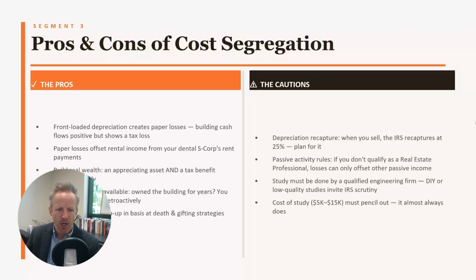But in this case, one of the benefits of having your building held in an LLC is that, to avoid paying taxes at death, you can start to gift some of the LLC interest that owns your building to your kids or beneficiaries little by little over time through what's called the annual exclusion.